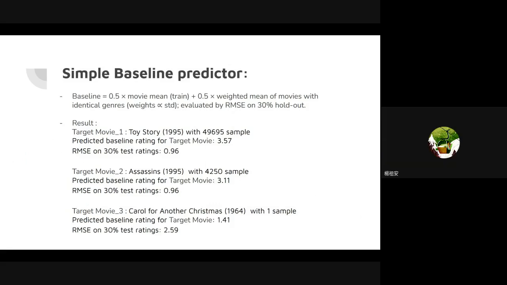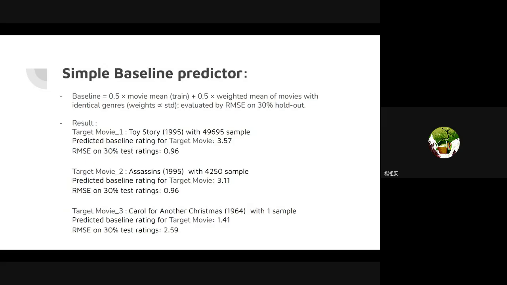Okay. Maybe that's why. So now this part was the stretch goal of the first point, which is to create a simple baseline predictor. The way I created it is using a weighting: 0.5 times the movie mean, which is the train set, and the other 0.5 using the general movie mean.